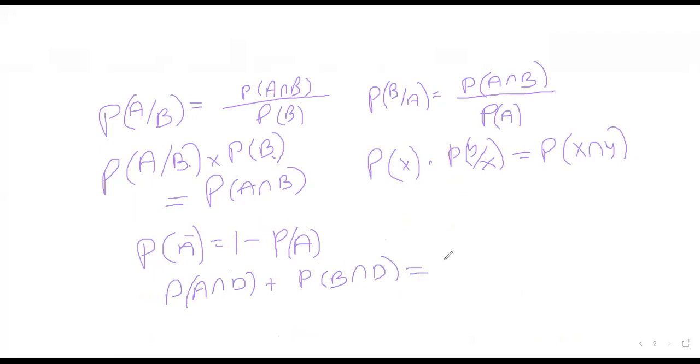The probability of the letter D. So you pick the common letter. In short, this is called Theorem 2. Any questions so far before I proceed?